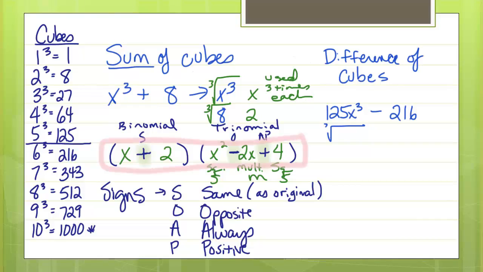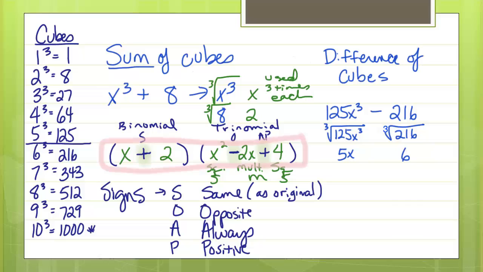So I'm going to take the cube root of this, and I'm going to take the cube root of this. So the cube root of 125x cubed is 5x. The cube root of 216 is not 3, but 6. So we're going to use 5x and 6 3 times each.